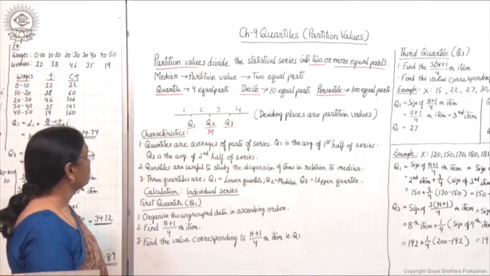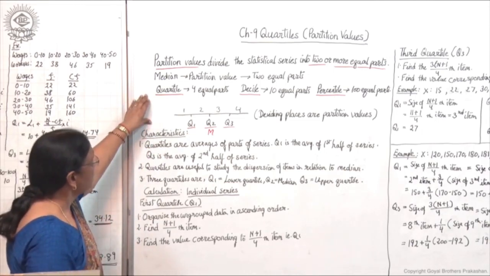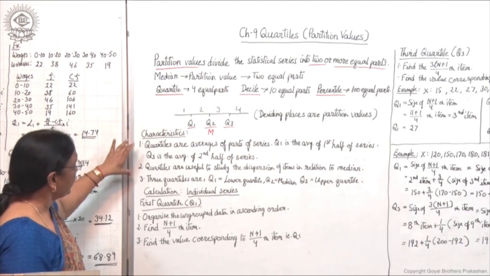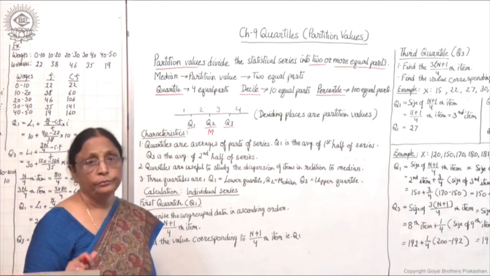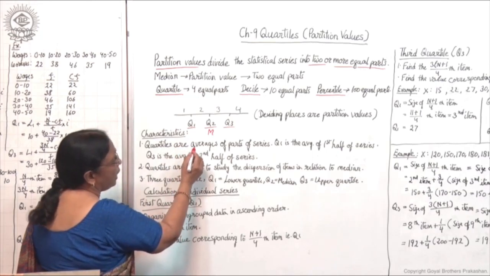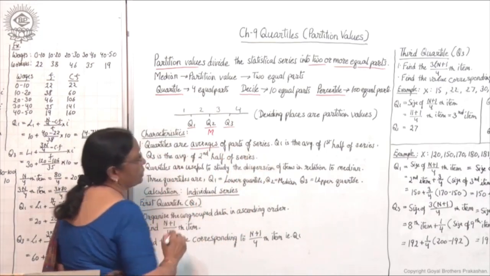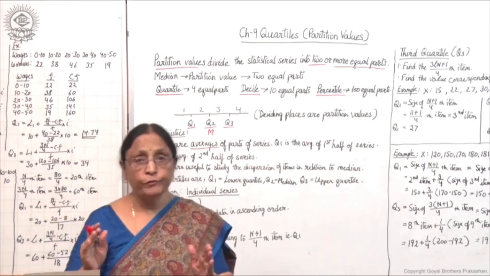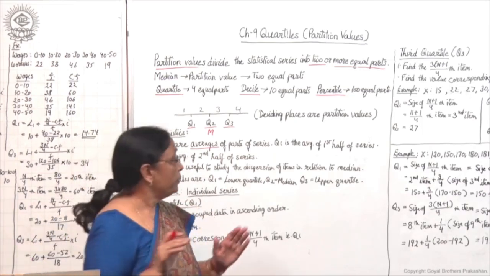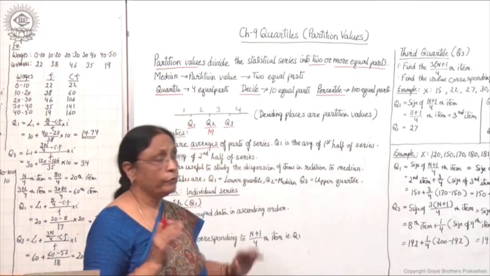Got it? Okay. Now after learning the meaning of quartiles, let us see the characteristics of quartiles. First, quartiles are averages of parts of series. That means each quartile is the average of a part of the series.